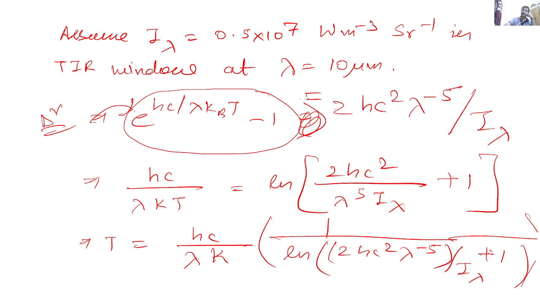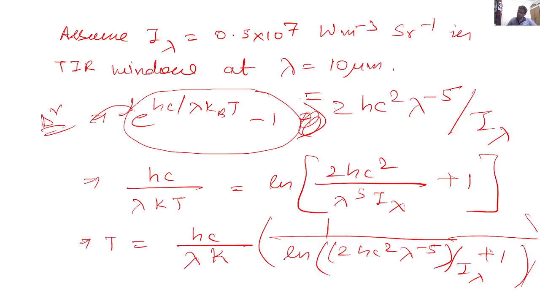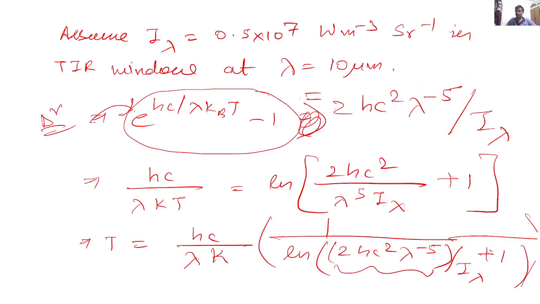Now let's just define these two terms. Define the factors. K1 would be 2 hc square by lambda power 5, which is nothing but the ln term, and K2 is hc by k lambda, which is this term.